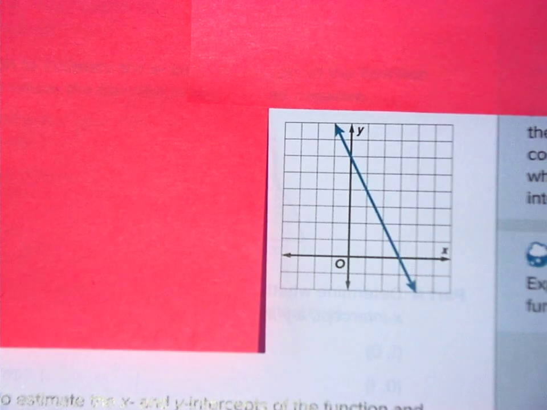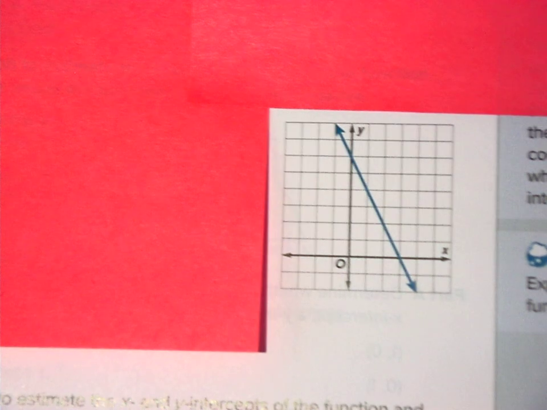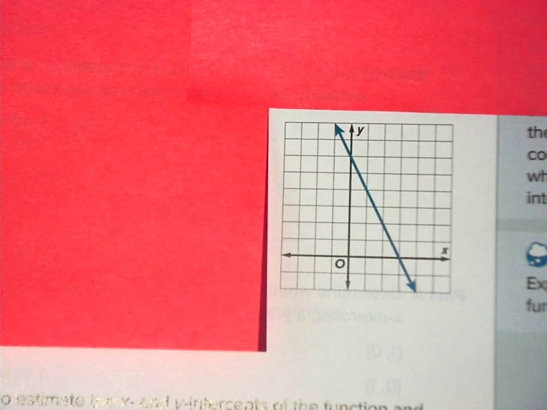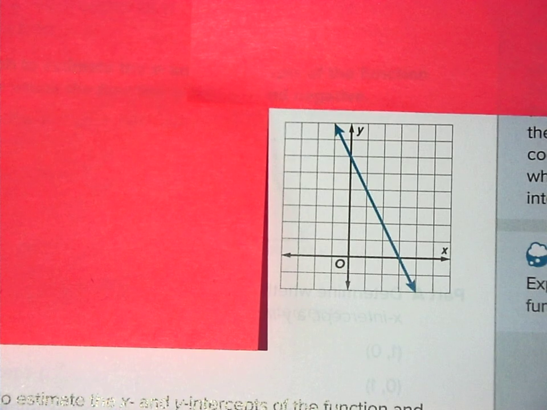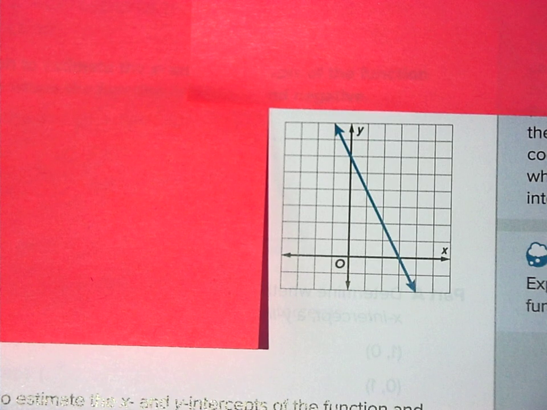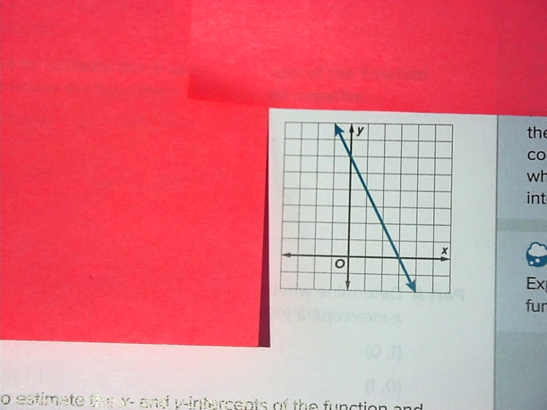With the graph. All right, here we go. So, I'm going to teach you how to do this, and you're going to write down example 1 in your notebook. Okay. Write down x-intercept and y-intercept. So you're going to write down the word x-intercept, and then we're going to make a point.